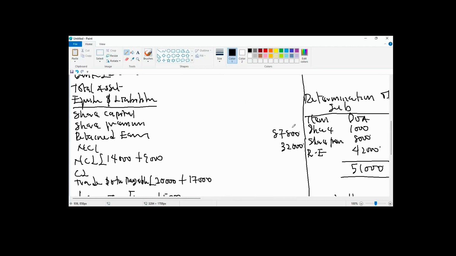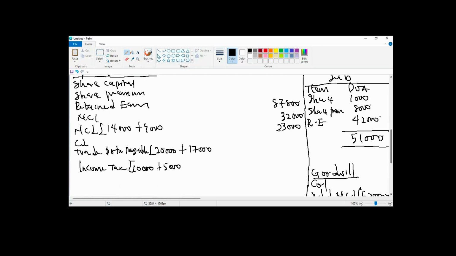What is the share capital of the parent? Not current liability, 23,000. What is the share capital and the share premium of the parent? Check the question.